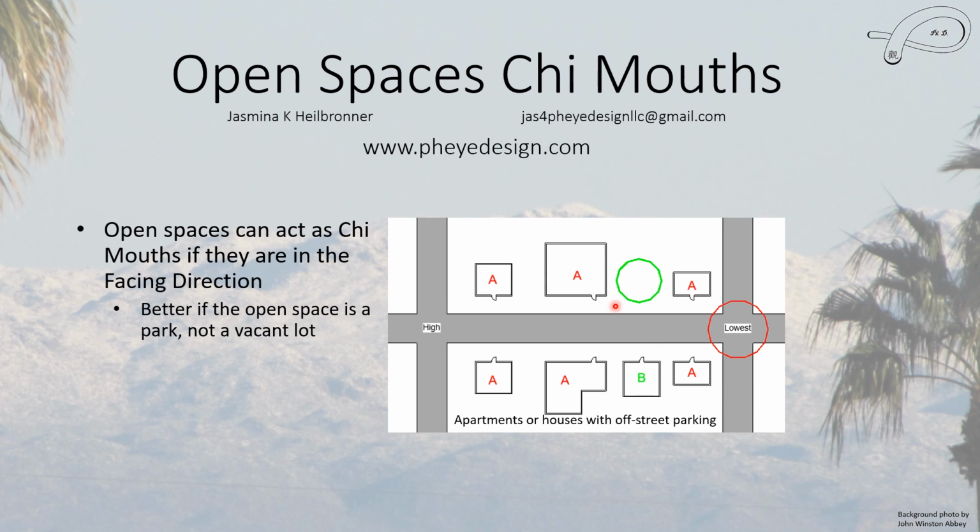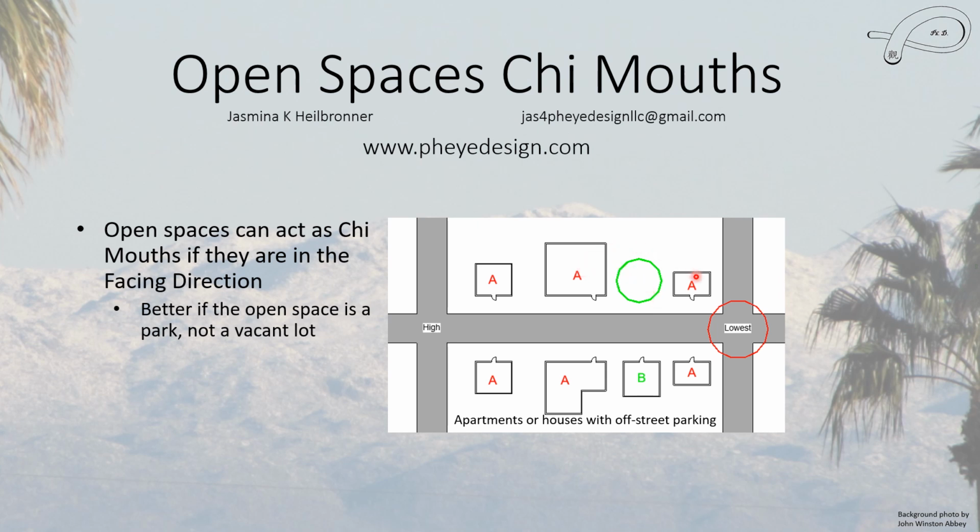This really acts only as a chi mouth for building B. The rest of the buildings on this road would use this location for the chi mouth. It's better if this is a park-like setting and not just a vacant lot, because vacant lots tend to get dumped in, and they get ugly and are not well kept. So if it's a park, it's very good.